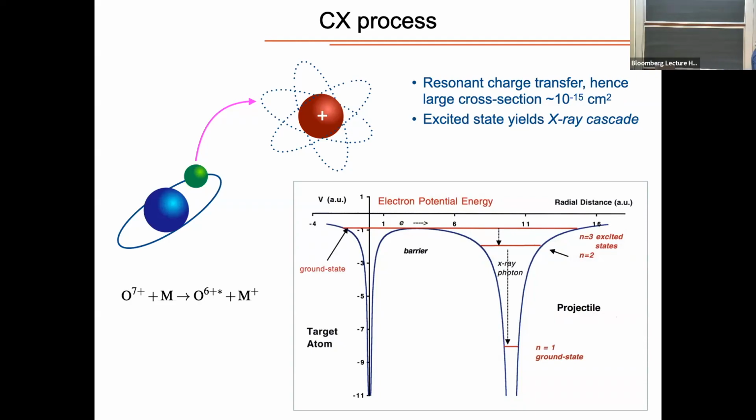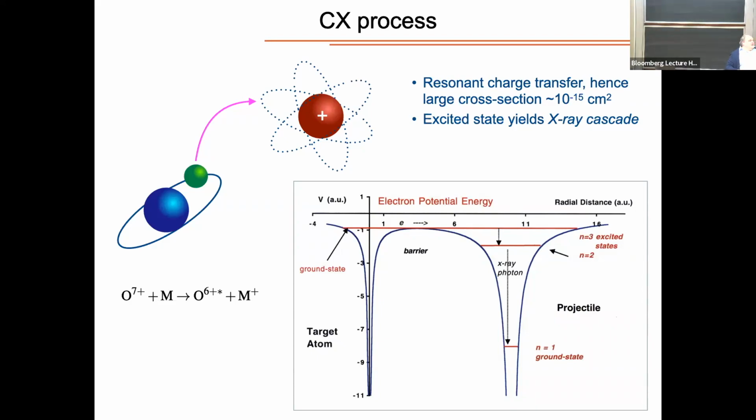Why is it called resonant? Because the energy is the same. If you remember, the transition probability in quantum mechanics, the matrix element, has 1 over the difference of the energies between the initial and the final state. Now here the energies are roughly the same. So what you have in the denominator is essentially just a small line width.